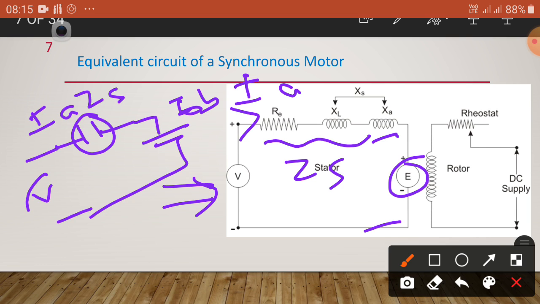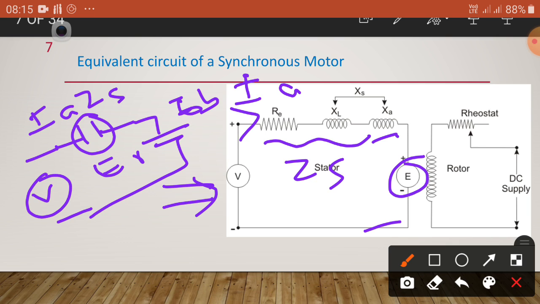Now, the applied voltage is equal to the vector sum of the drop, which we call the resultant ER, plus EB. So, the applied 3-phase voltage is equal to the IA ZS drop plus the EMF induced in the armature EB.